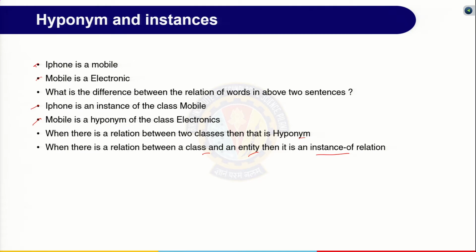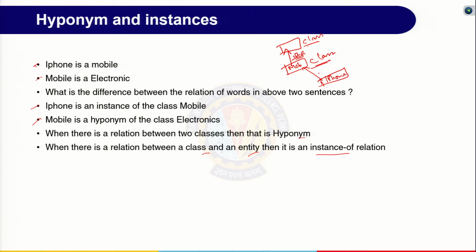If you remember from the semantic nets that we have discussed earlier, we can have classes which can have a relation of "is a", which means that this class is a subclass of that class. And then we can have objects, like in this class of mobile, one of the objects is an iPhone.